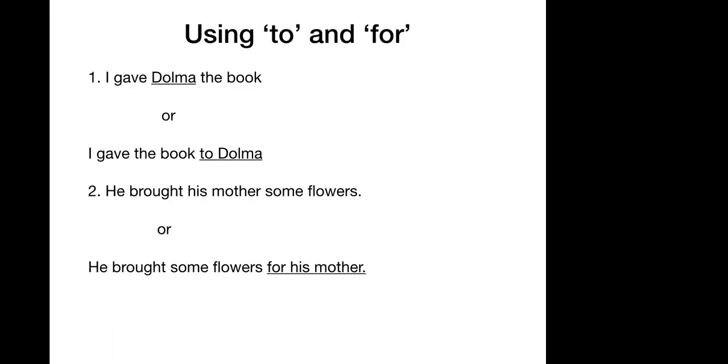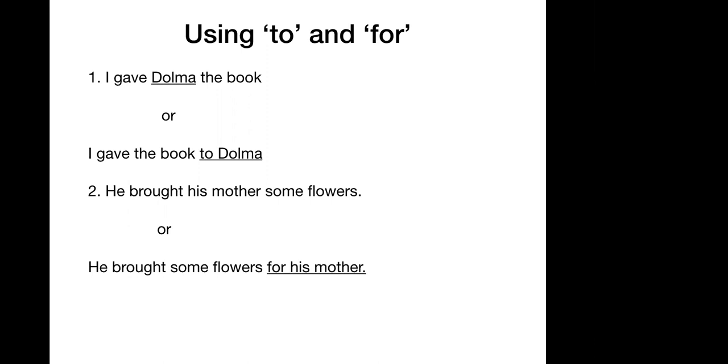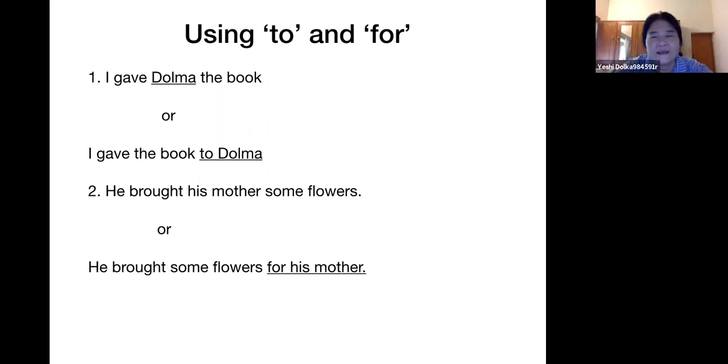Now see, this is interesting. This same sentence pattern with the indirect object can be written with to and for. I gave Dolma the book. Dolma is the indirect object. But instead of writing this sentence, you can write I gave the book to Dolma.